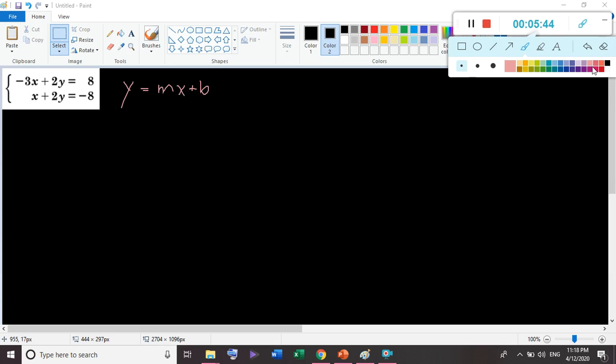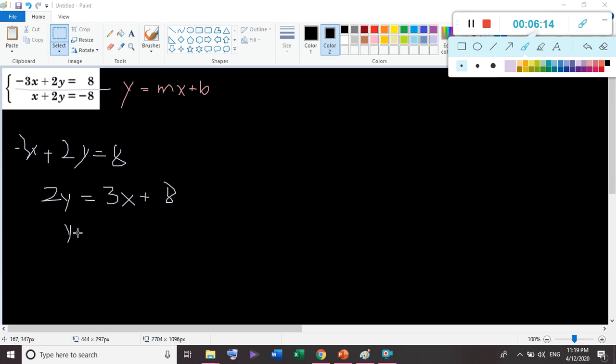Let's go for the first equation we have here and change this first. It's -3x plus 2y equals 8. We're going to leave everything away from y. -3x we're going to move to the other side, so it's going to be 2y equals 3x, because it's negative here, so when we move it, it becomes positive, plus 8.